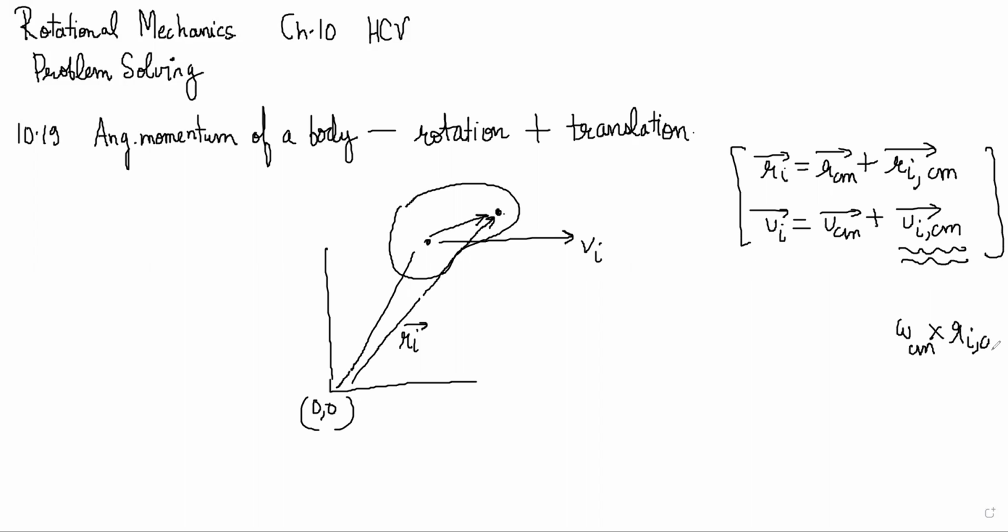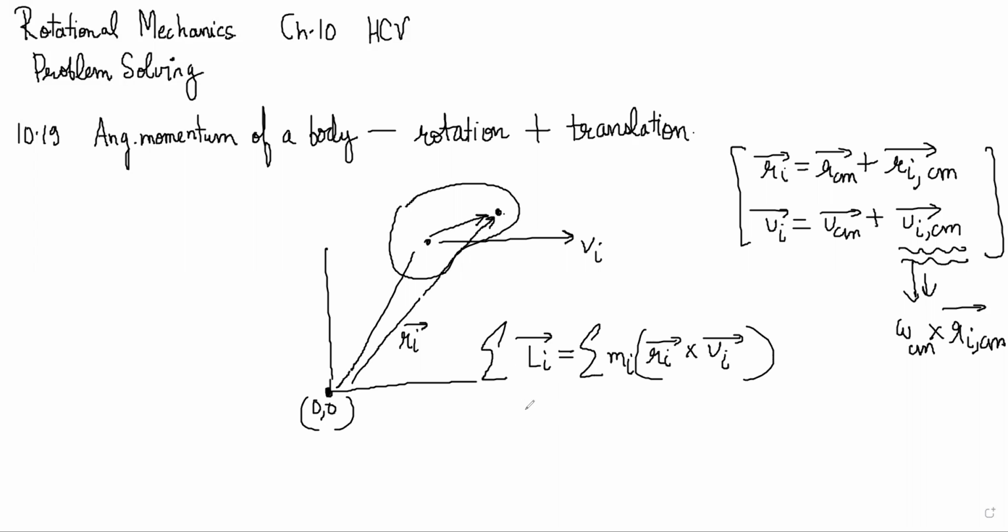So for the ith particle, the angular momentum with respect to this point will be Mi Ri cross Vi, and since you have to find the total angular momentum, you take the sum for all such particles.